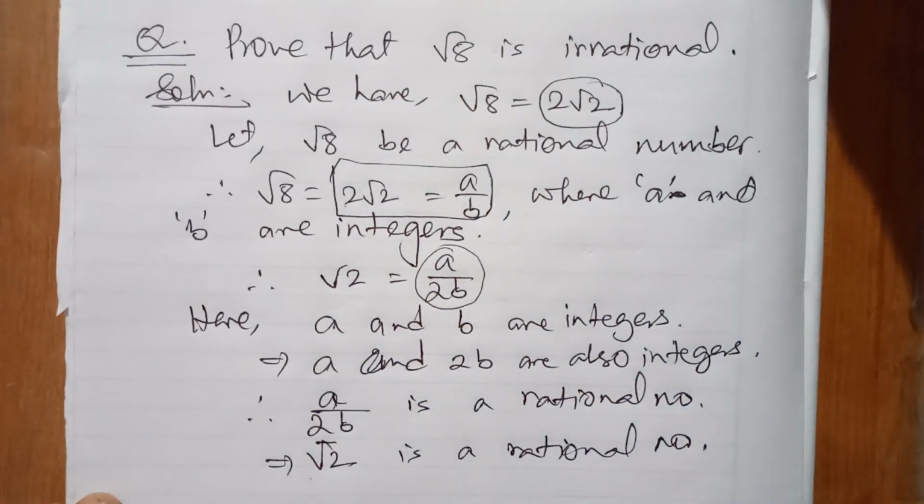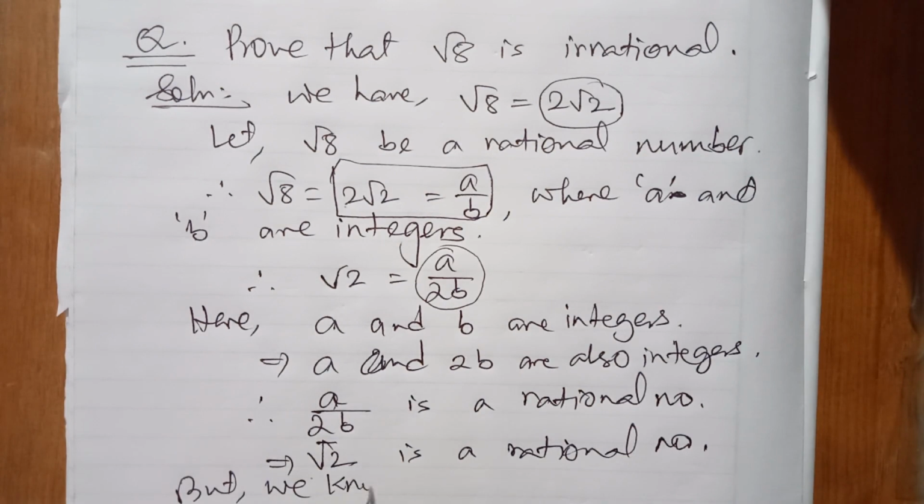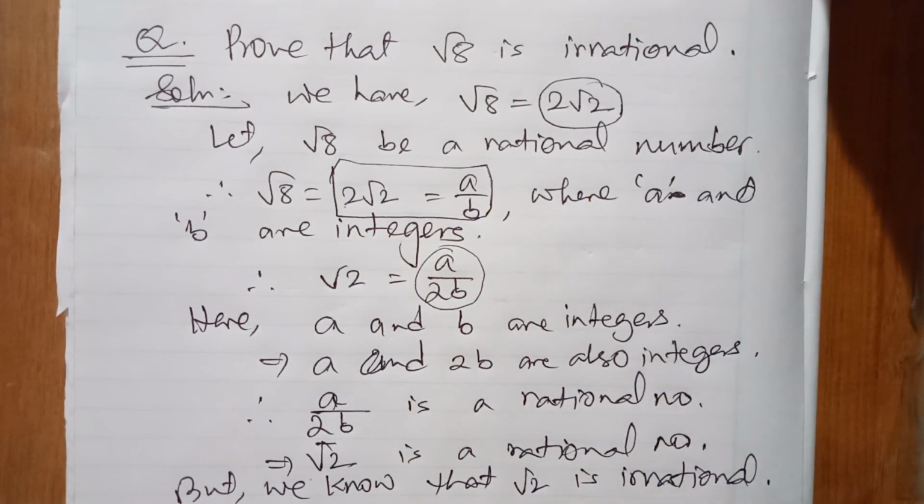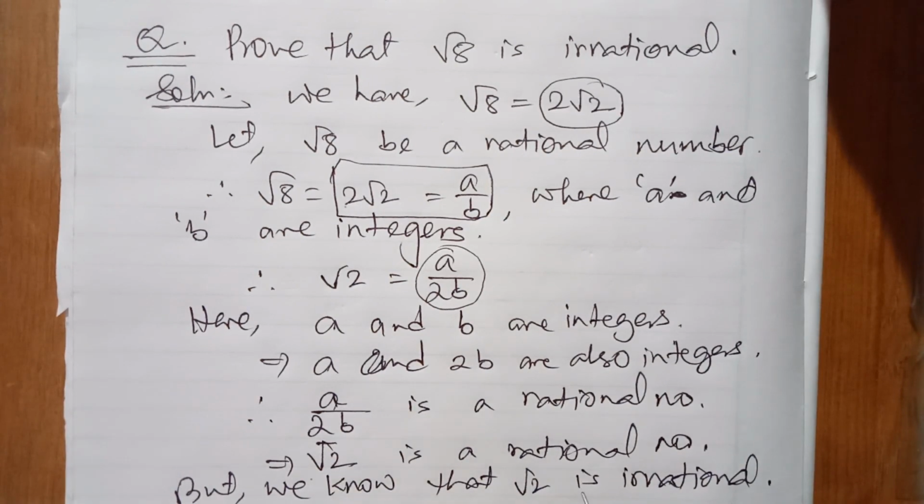In the beginning we assumed that root 8 is a rational number. So that assumption is wrong. We know that root 2 is irrational, but here it is coming as rational, so one contradiction is coming, an impossible result.